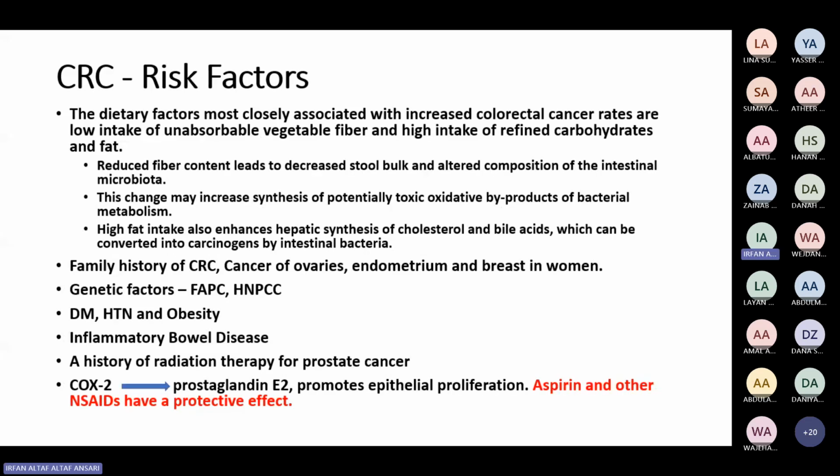So the dietary risk factors most closely associated with the increased colorectal cancer rates. What is the most common dietary risk factor? It is the low intake of unabsorbable vegetable fiber and high intake of refined carbohydrates and fat.